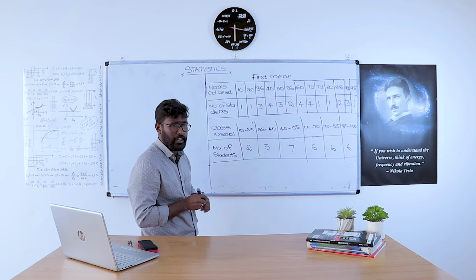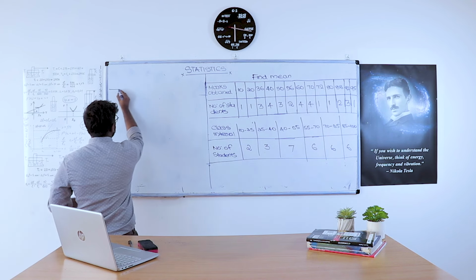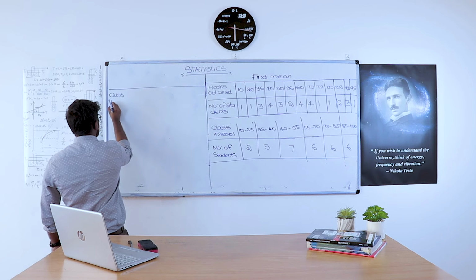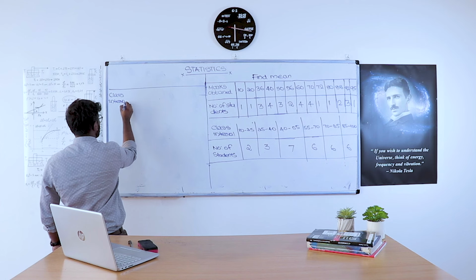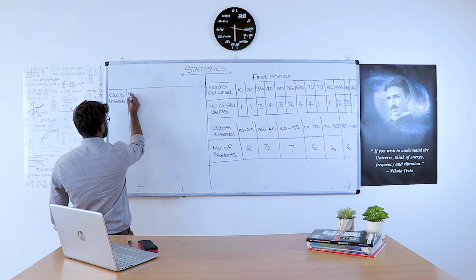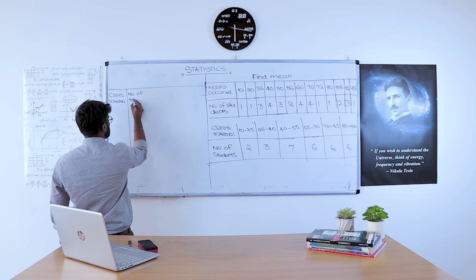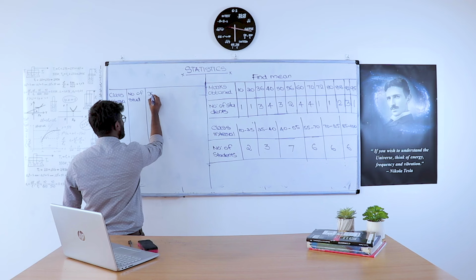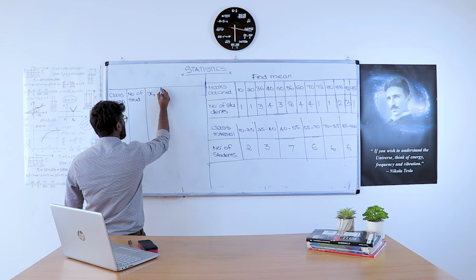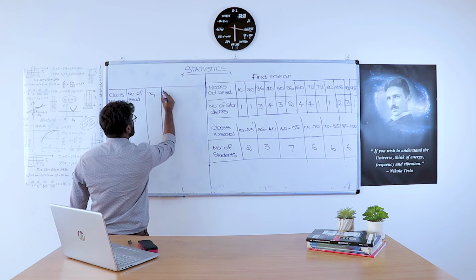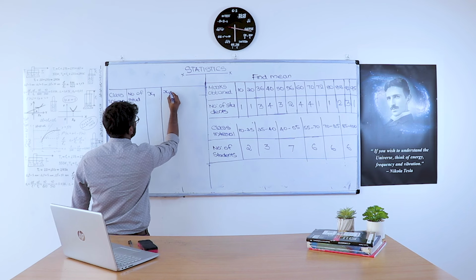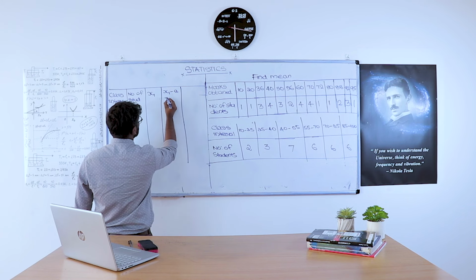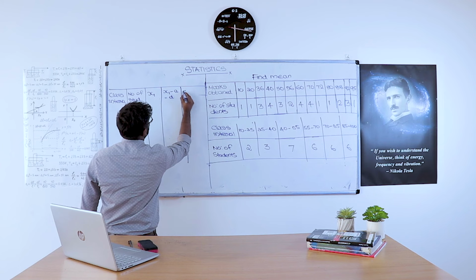We already have the grouped data, so we will convert that grouped data into another table: first the class interval, number of students, then the xi value, then xi minus a, which is called d.